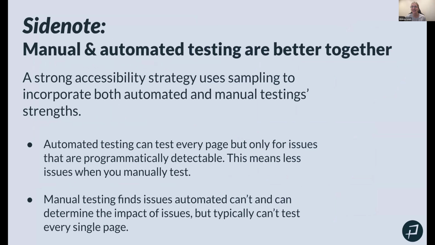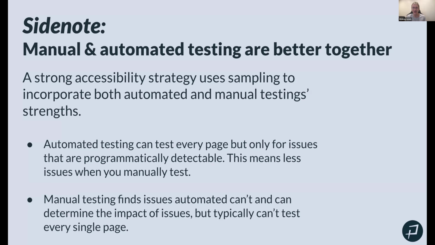Automated testing is really good at testing every page, but only for issues that are programmatically detectable, or only for issues that a computer can find. So this means fewer issues when you manually test. That's the sample automated testing is really good at: all the pages and certain results that a computer can find.